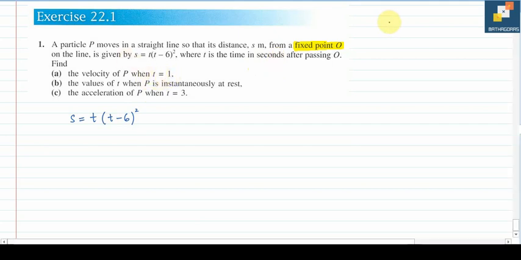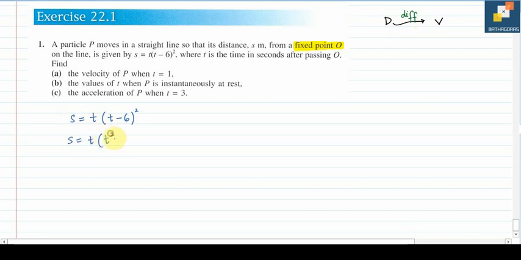When you have a distance and you need to find velocity, that means we need to start with differentiation. When you differentiate your function of distance, you will get the velocity. So I need to differentiate the function, but before that, I will expand the equation.